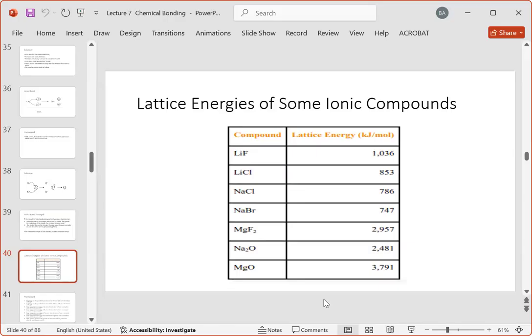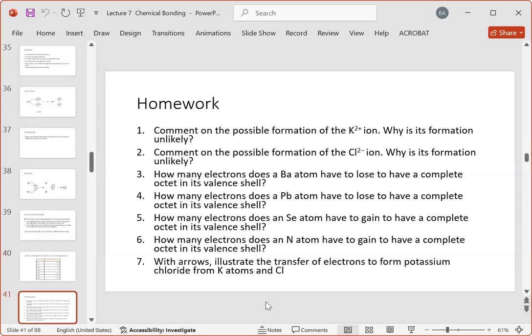Lithium chloride has 856 kilojoules per mole. So those are the energies they need in order to bond the atoms. Then sodium chloride, and so forth, and magnesium oxide. Those are the energies.